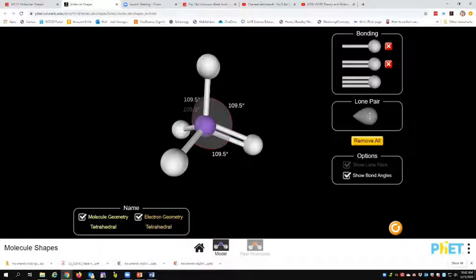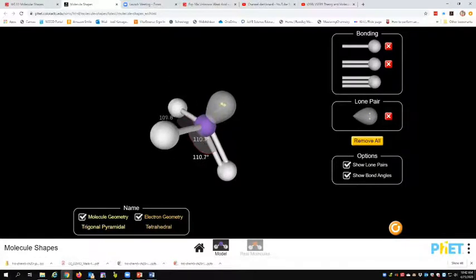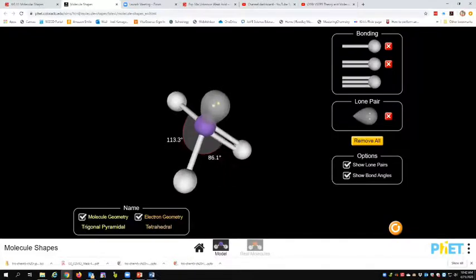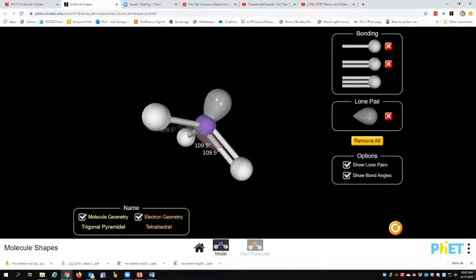If one of these was a lone pair, instead of looking at the table and getting confused by all the permutations, let's make one a lone pair. So I still have 4 groups, right? So the electron geometry is still tetrahedral. But when I talk about molecular geometry, I make that one invisible and describe the shape that's left.